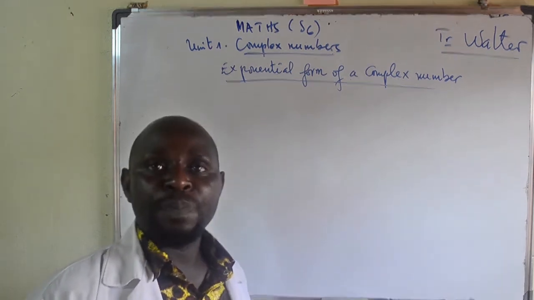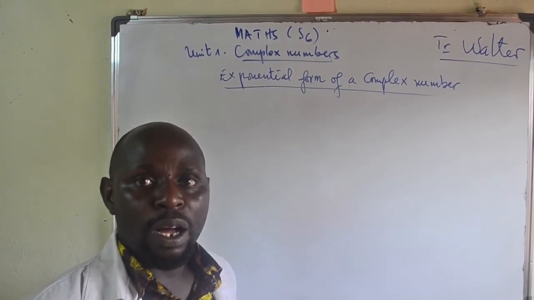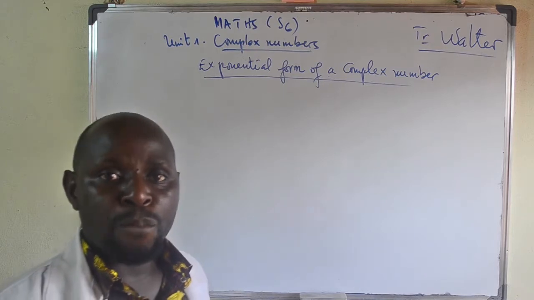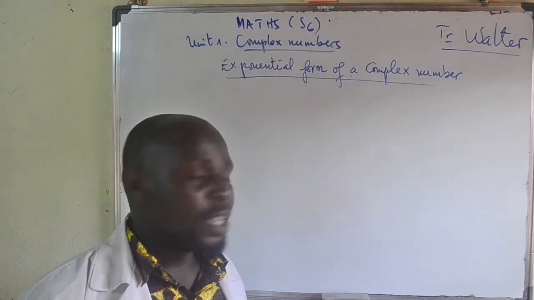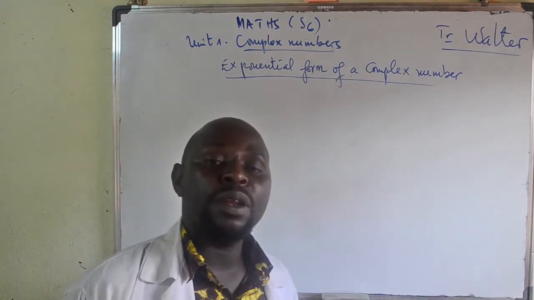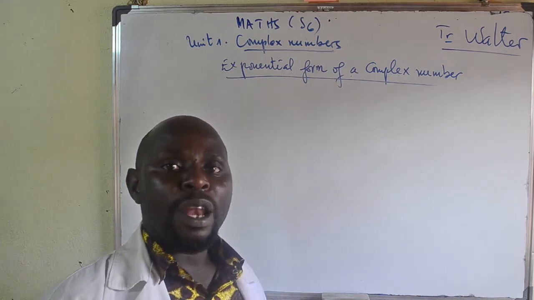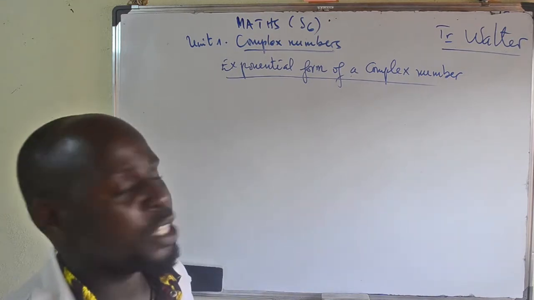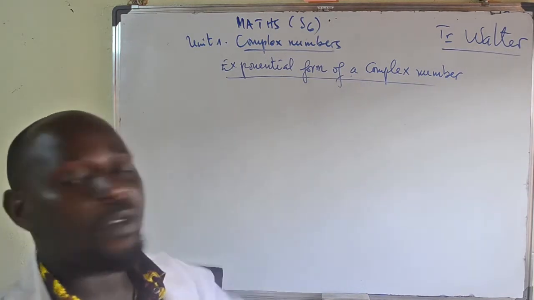Ladies and gentlemen, last time, in our last lesson, we talked about different things, and especially we saw the nth roots of a complex number and the nth roots of unity. So, ladies and gentlemen, let us see the exponential form of a complex number.